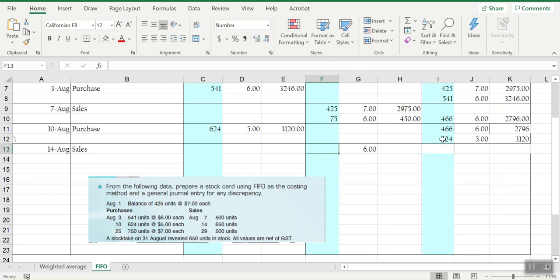So 650 we need to make up. It's only 466, we don't have the full lot there, so we have to sell all that. And we make up the difference to 650, so take a bit out of the $5 amount.